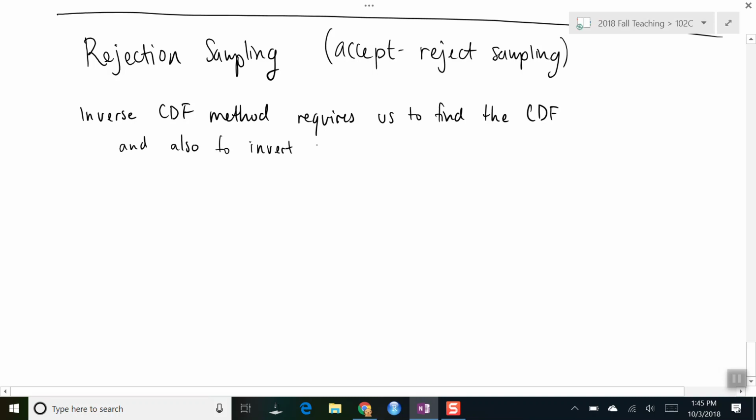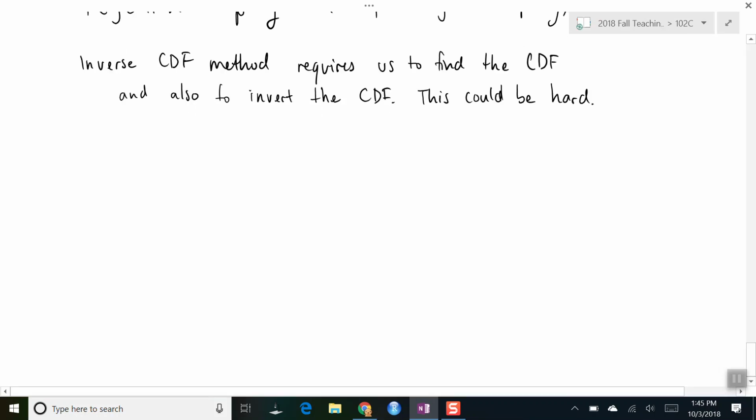The inverse CDF method requires us to find the CDF, which in some cases doesn't even exist in a closed form, and also to invert it. Okay. This could be hard.